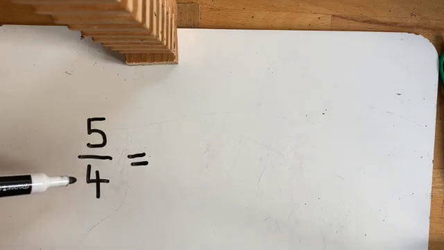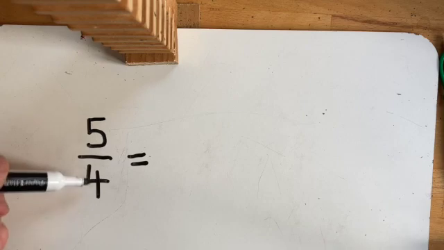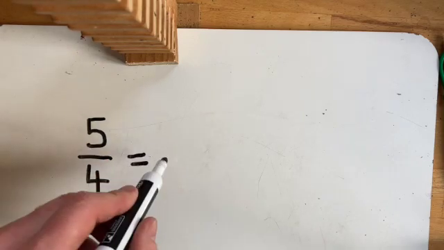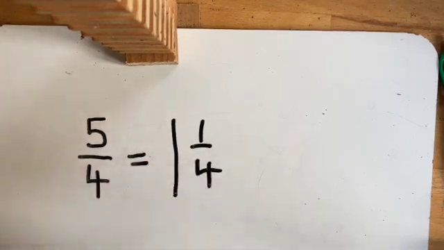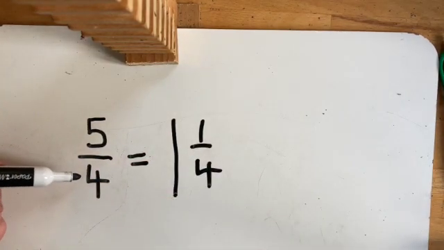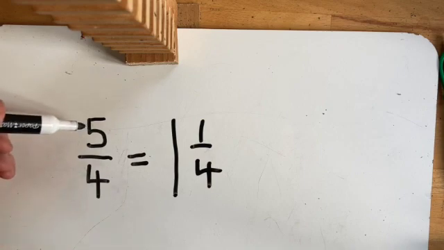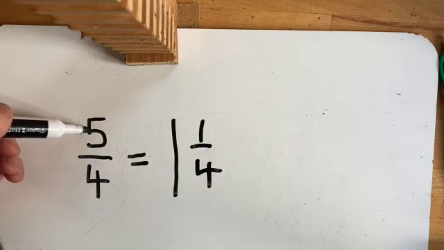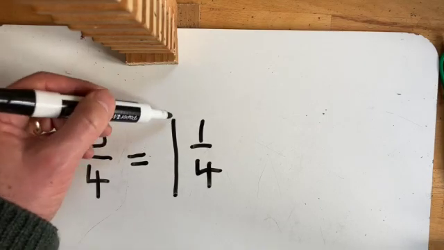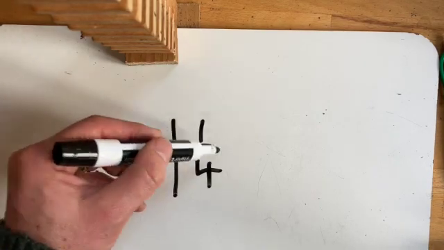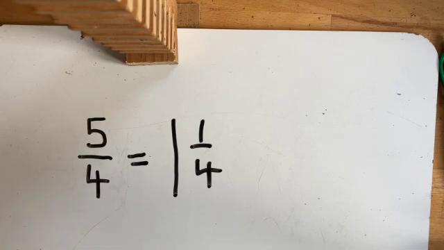Well, 4 quarters make 1 whole, so this 5 contains 1 whole and 1 more quarter. So one way of doing this conversion is to divide the numerator, divide the 5 by 4. How many 4s are there in 5? There's 1, with 1/4 as a remainder.